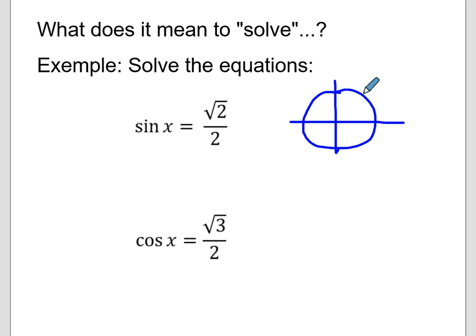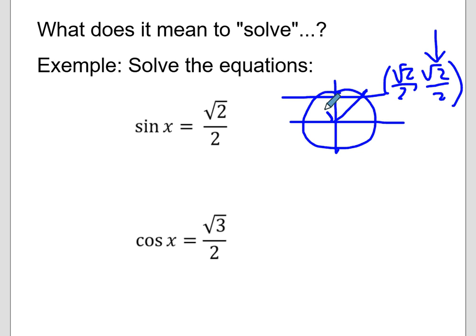Square root of 2 over 2 is the one that is here. If you remember, the coordinate here is square root of 2 over 2, and then square root of 2 over 2 here. So the sine is the y coordinate. There's one here, and there's also another one right here.